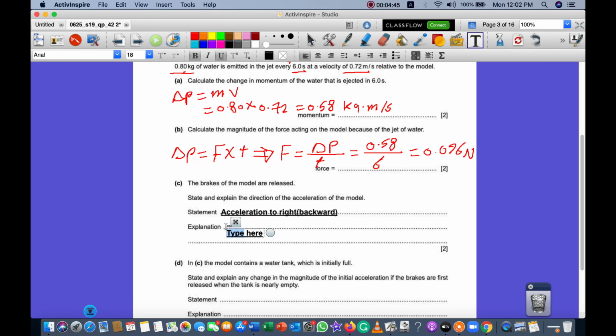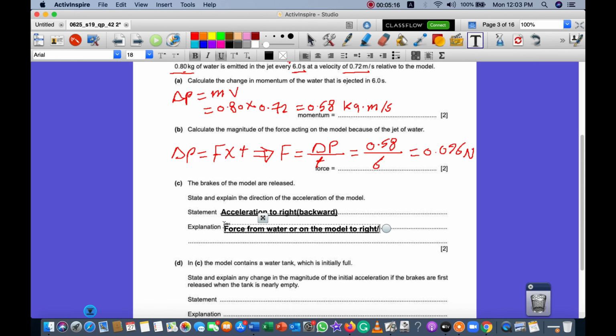So force from water on the model to right.